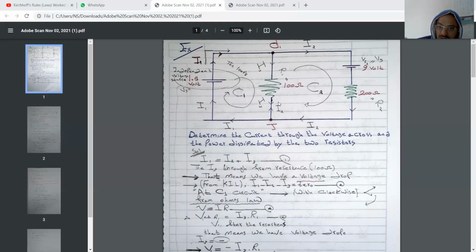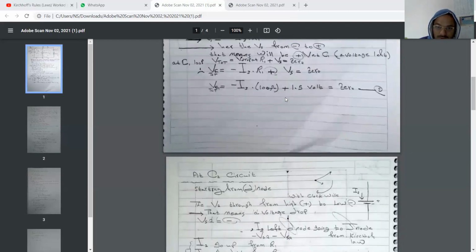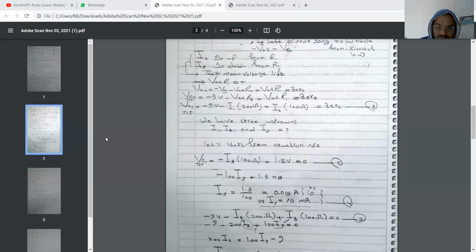Because these two currents are reversed, we write plus instead of minus before the voltage at resistance 1. Let's keep going. That means minus VG minus the voltage drop at R2 plus the voltage at resistance 1 equals 0. Let's put all of these results into this equation: minus 9 volts equals, like I wrote it here.